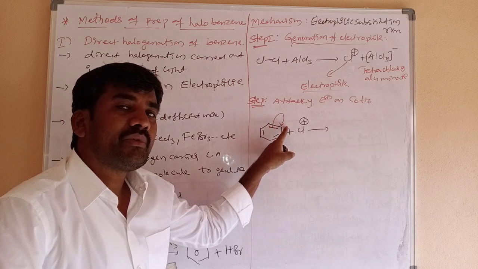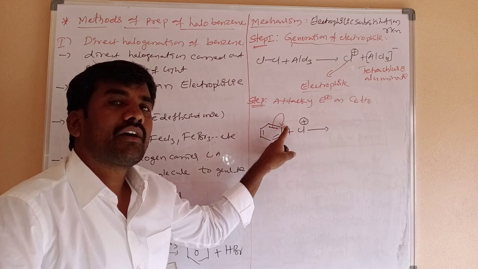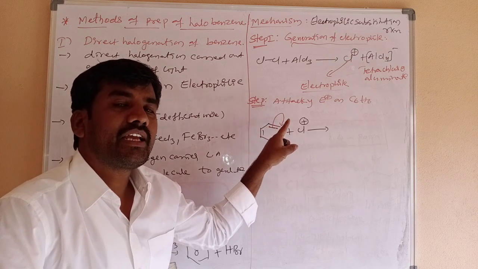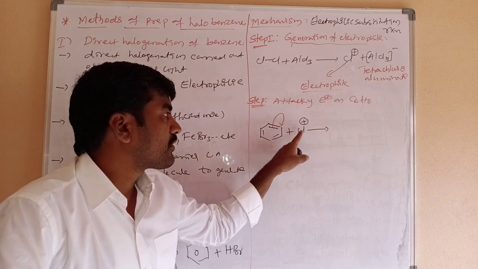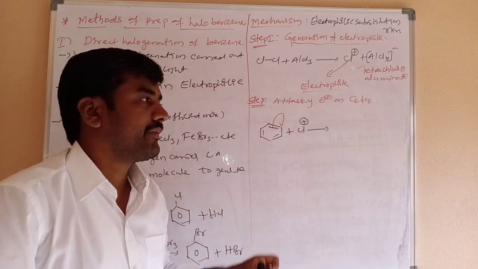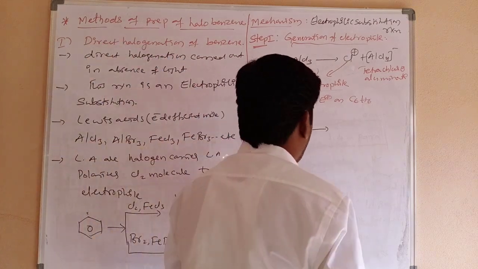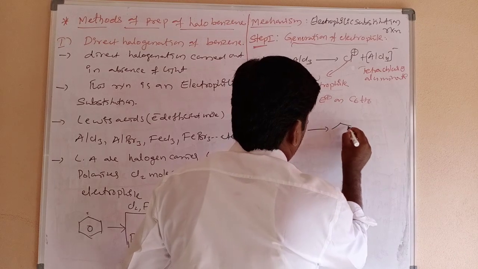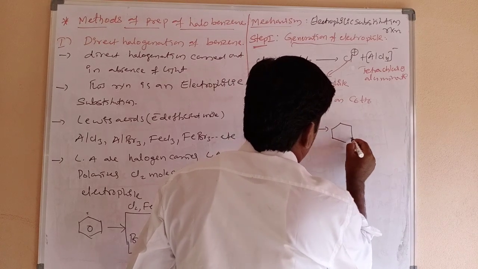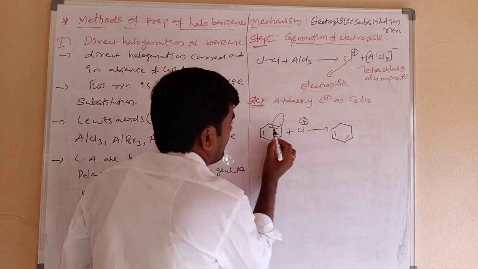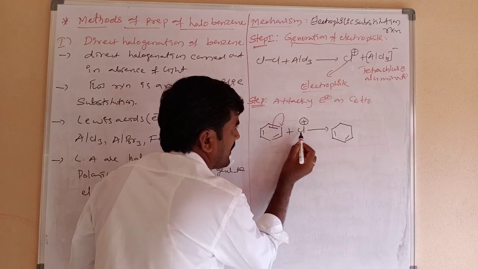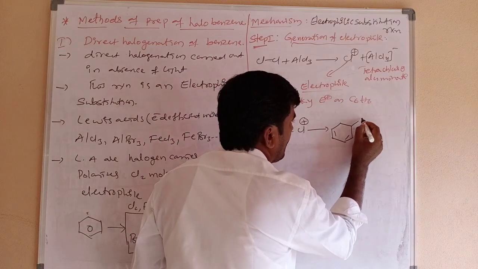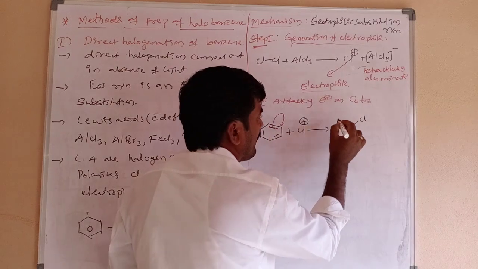Negative charge means a pair of electrons. The pair of electrons is converted into a sigma bond between the electrophile and this carbon atom.